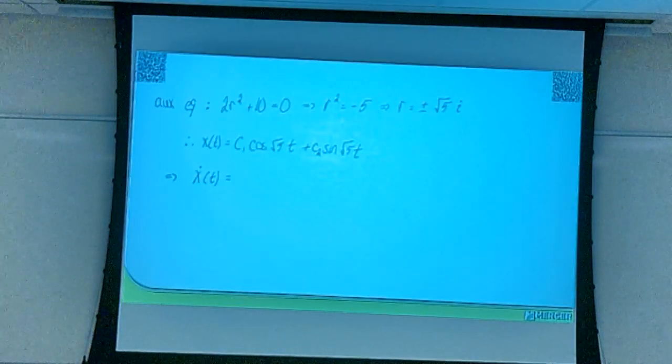Root 5t. Close. There's going to be a plus, but for that first term, that's not correct. You just didn't bring out the root 5. You didn't do the chain rule. Negative root 5, sine.